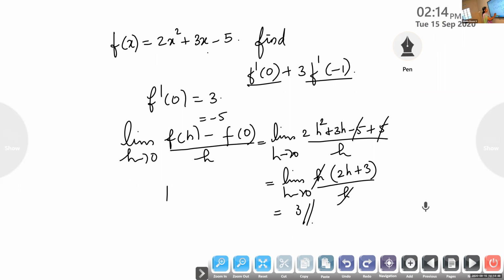What is f dash of minus 1? Those are completed, f dash of 0. Find out what is f dash of minus 1.